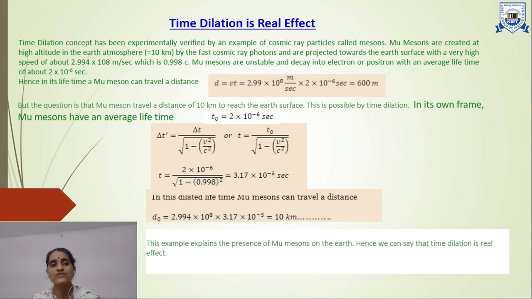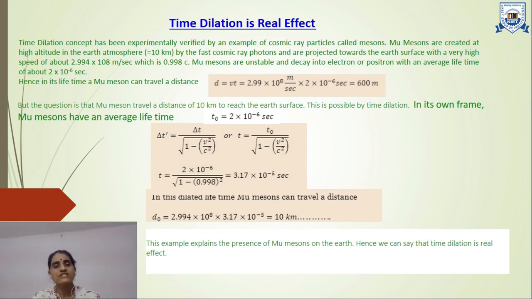That means the observer sitting on the Earth's surface sees the time dilated. Using this time dilation effect, the distance was calculated and it nearly comes out to be 10 kilometers, which clearly shows that time dilation is a real effect.